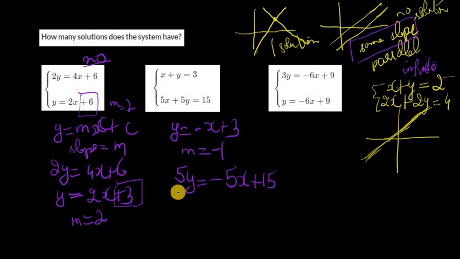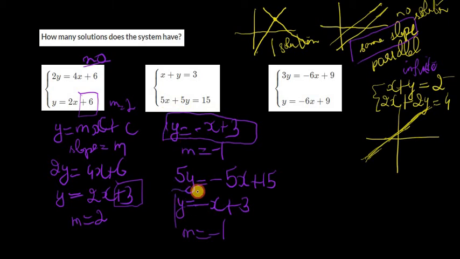Once again, I'm going to divide both sides by 5, so I get y equals negative x plus 3. Notice, not only is the m the same in both of these equations, but they are essentially the same equation once I put them in standard form and simplify. So this system will have an infinite number of solutions, because not only was the m the same, but the constant, the plus c, was also the same.